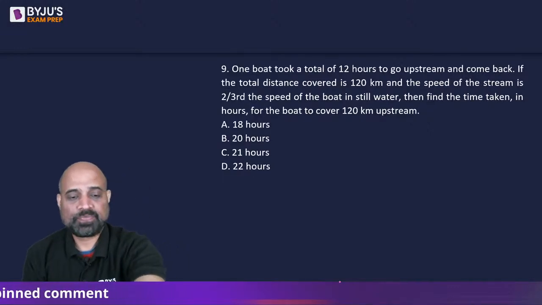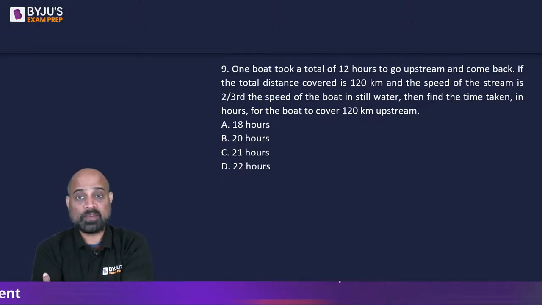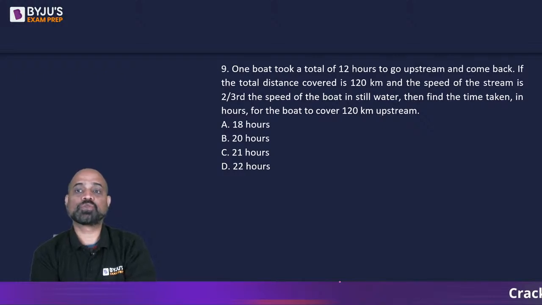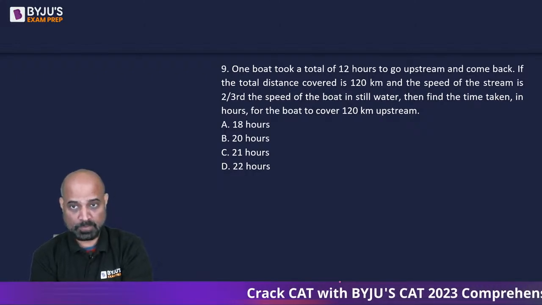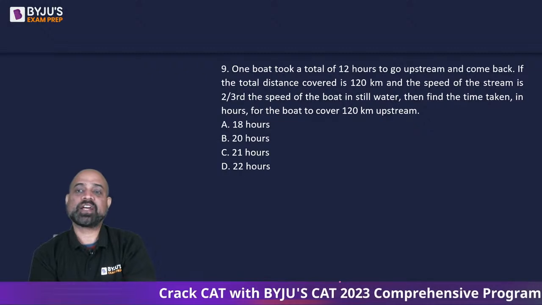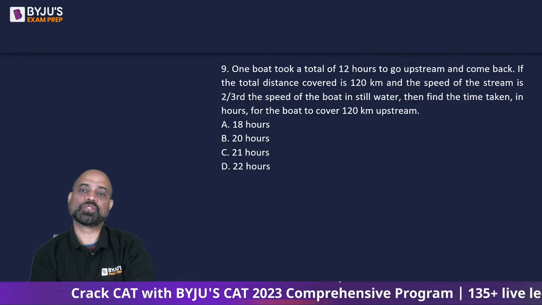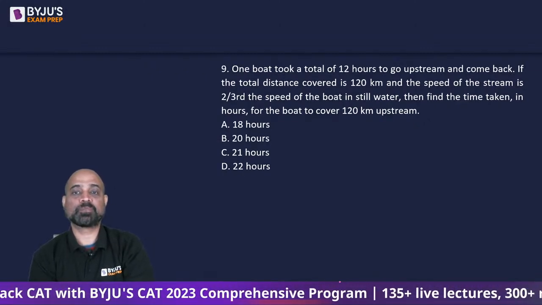Next question. On a boat, one boat took a total of 12 hours to go upstream and come back. If the total distance covered is 120 kilometers and the speed of the stream is 2/3 the speed of the boat in still water, then find the time taken in hours for the boat to cover 120 kilometers upstream.